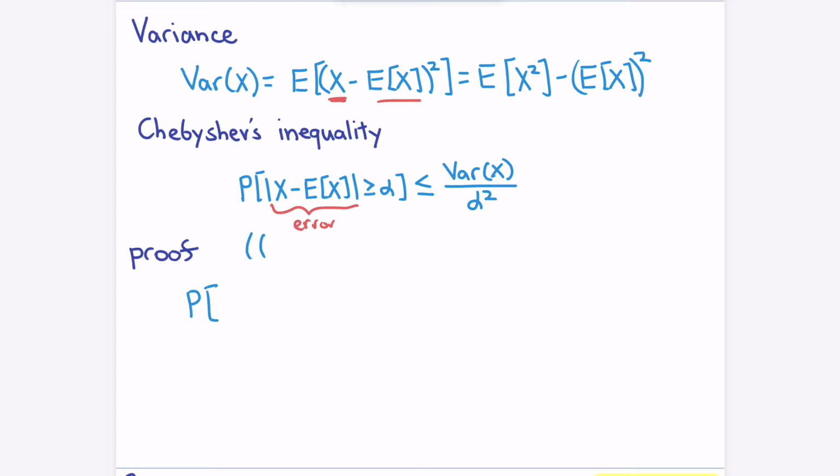I'm going to just square both sides. Okay, I just squared both sides. I want to get to that on the right-hand side. Any ideas? It's a trick you've seen before. Yeah. We're going to use Markov's inequality.